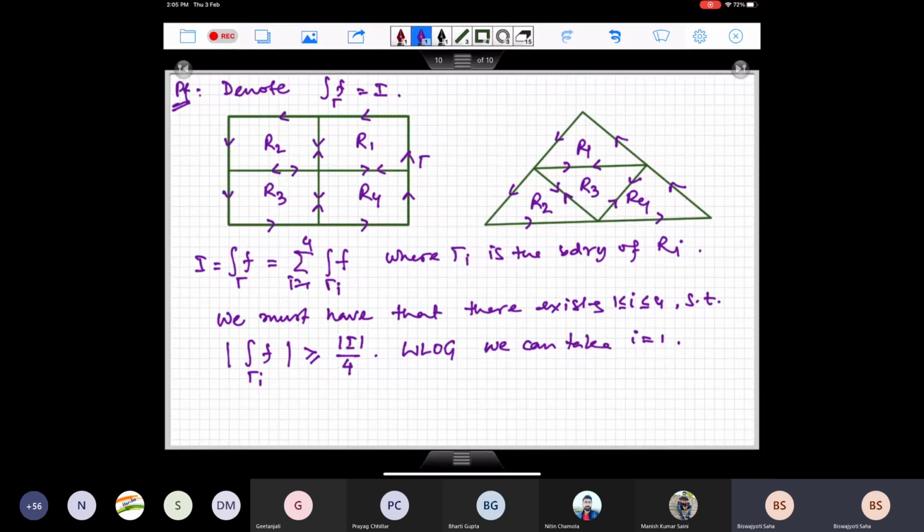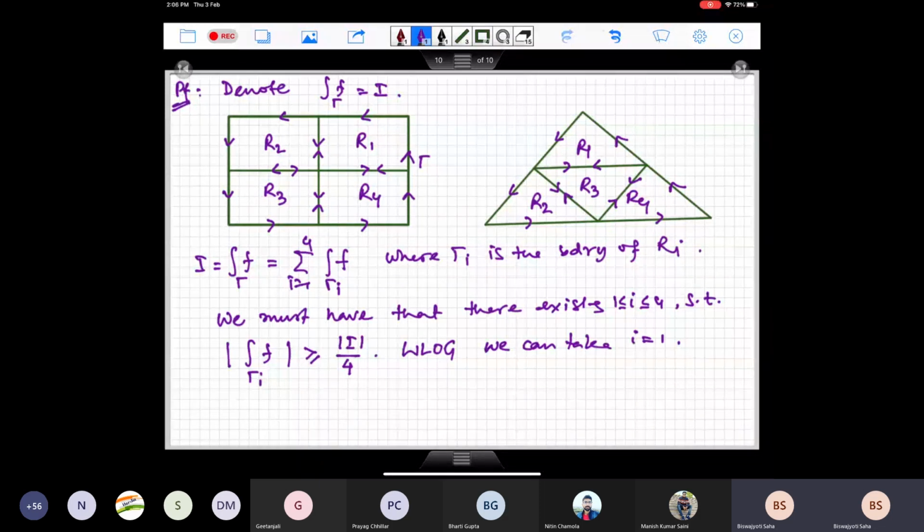our methodology would be that we are going to subdivide our rectangle or our triangle into four equal parts, by joining the midpoints of opposite sides. Okay, so this is what we are going to do.